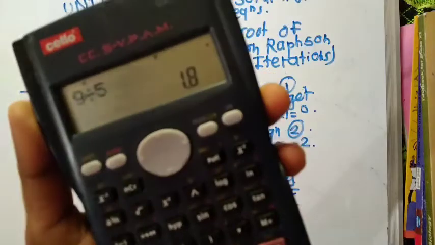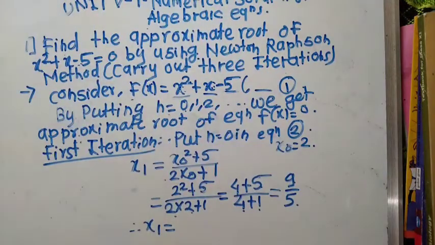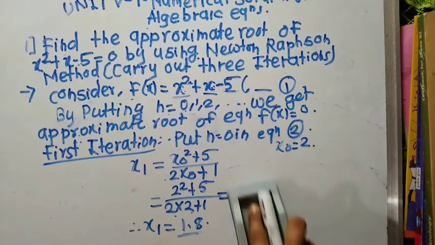So use this value 1.8. So x1 is equal to 1.8. Then find out the x1 is 1.8. Then find out the second iteration.